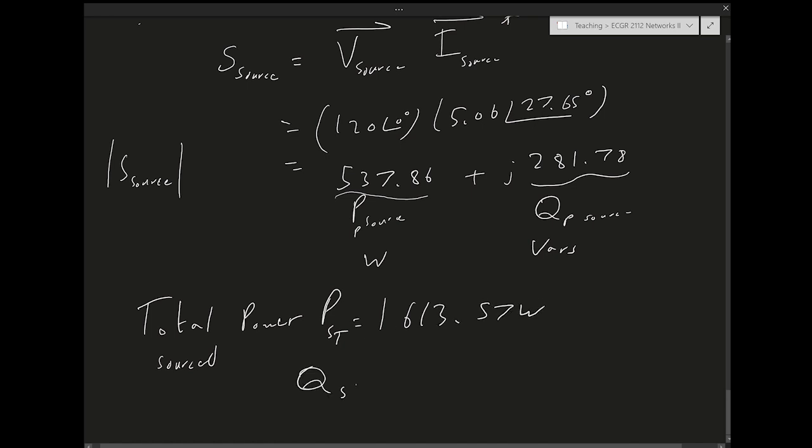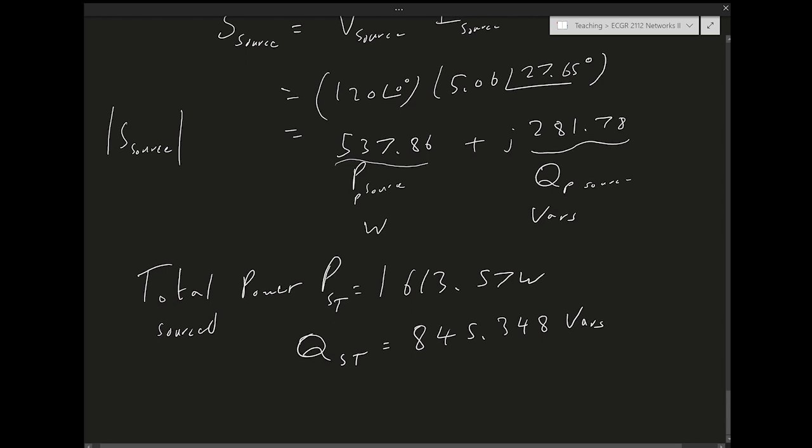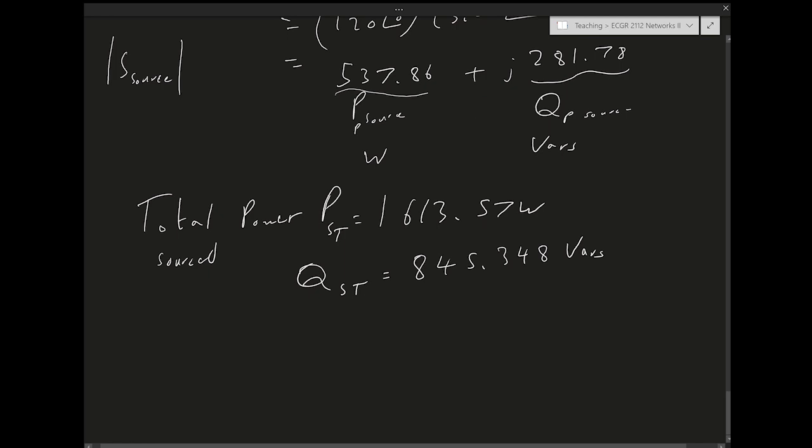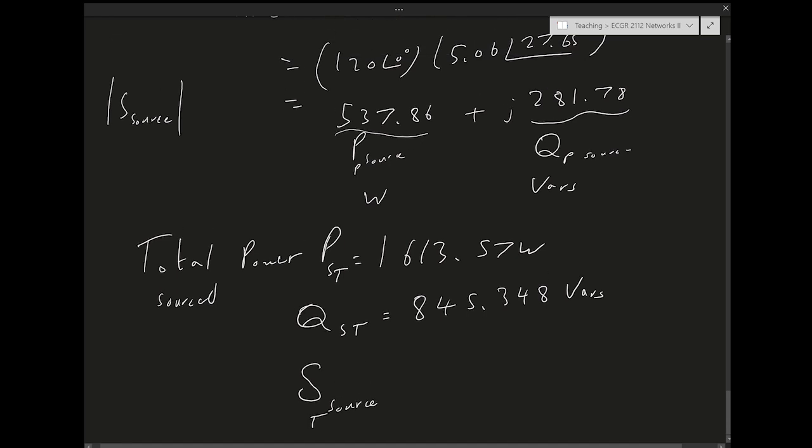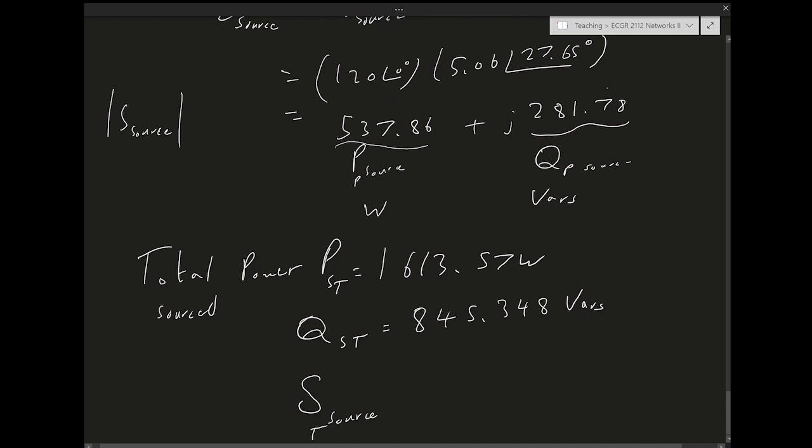And then QST is going to be 845.348 VARs, right? And then S source total is going to be the magnitude of this times 3, which if you do the math turns out to be 1821.6 VA.